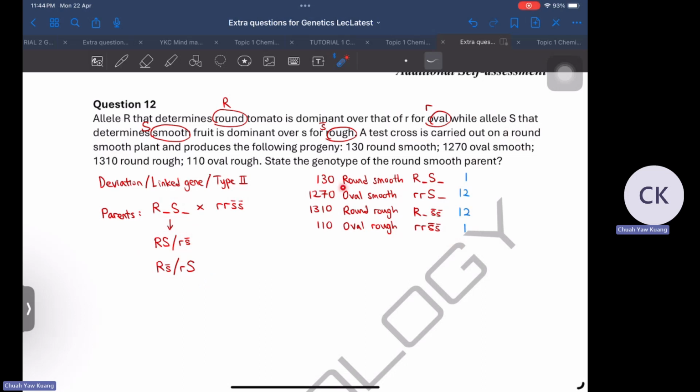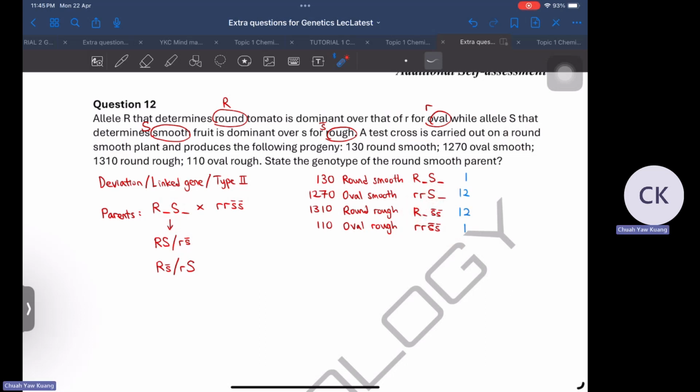You can see that for those offspring with both dominant traits, if the number is smaller compared to those offspring that have only one dominant trait, you can see here, this one only big S, this one only big R, so only one trait is dominant.